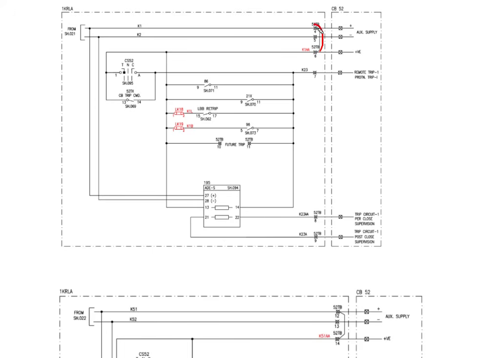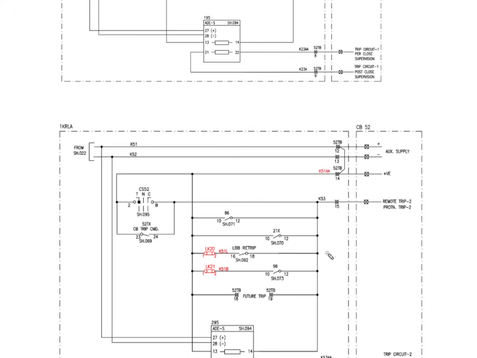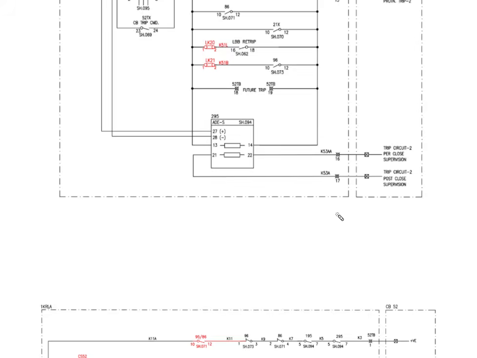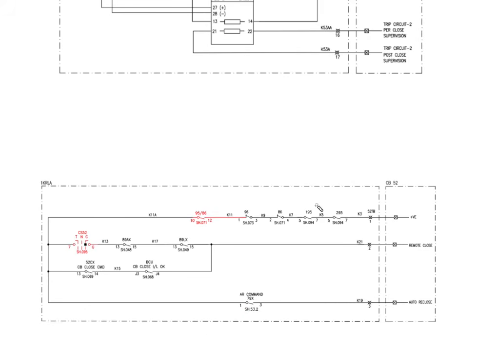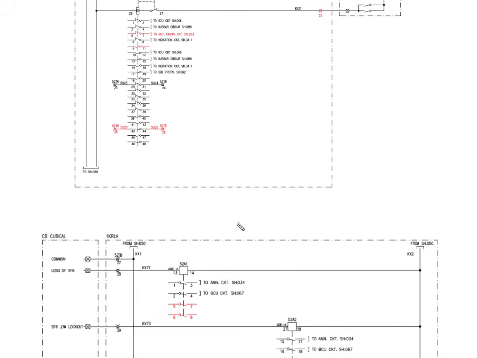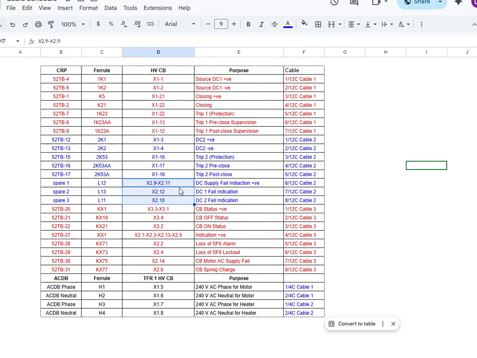If it is not given internally, then we will have to loop it here, and also we need to bypass some contacts, like the auxiliary contacts of the isolator. We don't use those contacts. Okay, so I think mostly our schedule is completed now and ready to give to the technician who will be wiring this.